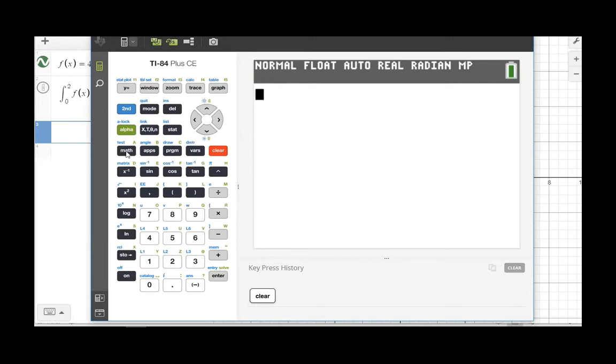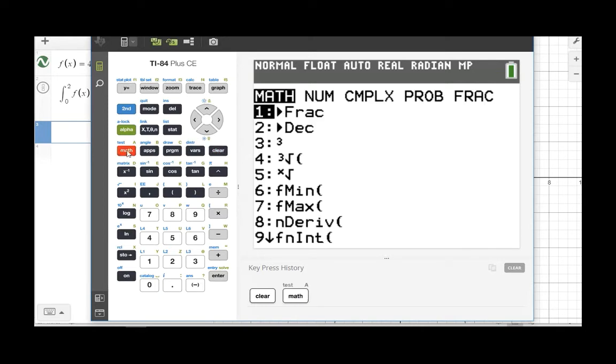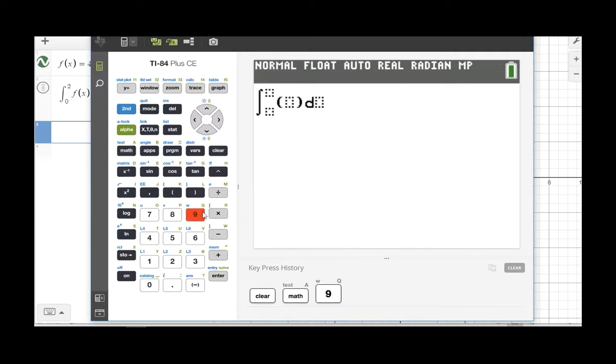I'm going to hit the math key. And once I hit the math key, I can see down here is the function integrator. So I'm going to punch number 9, and it's going to bring up the same thing that we have been dealing with, right? The symbolic form of the integral. So I'm going to type 0, and then I hit the up arrow, and I punch 2, and I hit the right arrow, and I type in my equation.